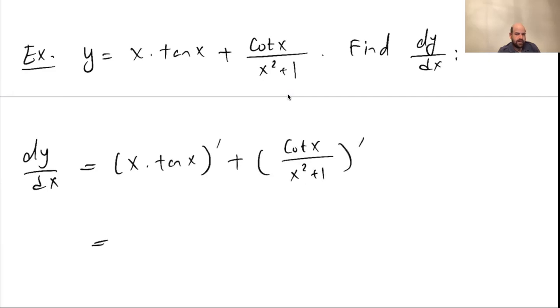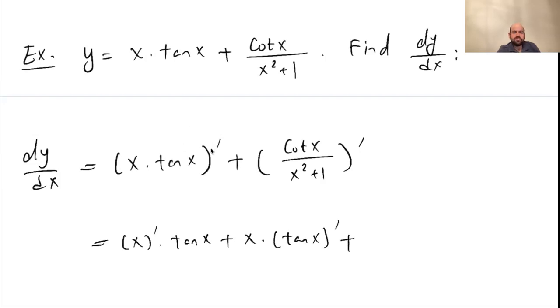Now x times tan x derivative is a product of two functions. So the derivative of a product of two functions is what? u times v derivative. What was it? Product rule. The product rule helps us to find the derivative of a product of two functions. u times v derivative is u prime v plus uv prime. So then it's going to be x derivative times tan x plus x times tan x derivative.